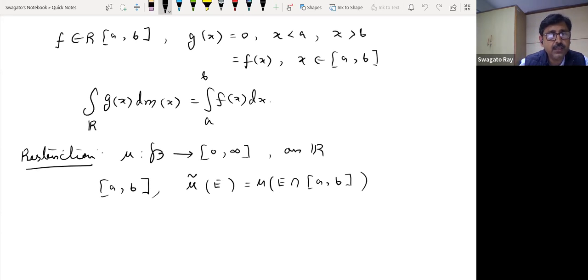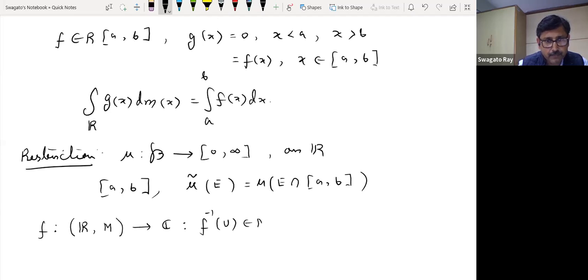So analogously, if you have functions f from the real line with the Lebesgue sigma algebra to C, satisfying the property that f inverse of U belongs to M for all U open in C, then f is called Lebesgue measurable.